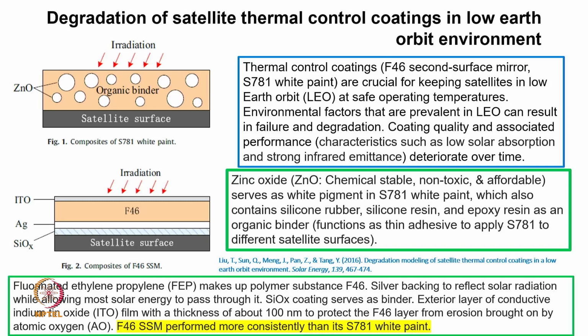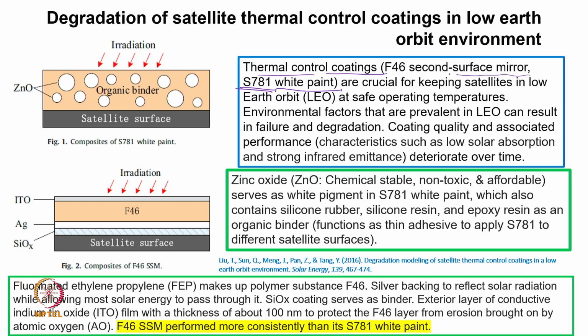So, what they did was work on thermal control coatings. They wanted to regulate the complete thermal control system, or the temperature regulation system, and they needed a coating. They used two coatings. One is called a white paint, which has conventionally been used in various systems, and the name given is 781.